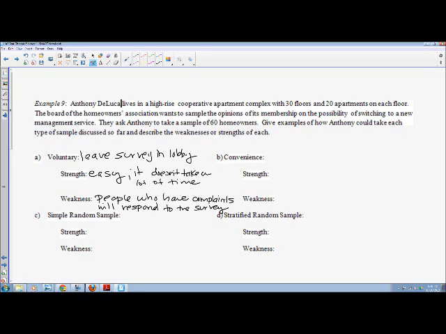Okay, so they want to let people know how they're feeling. So when you end up looking at the results, it might seem that the current management service isn't doing a good job, but it could be just because you only got information from a certain crowd.